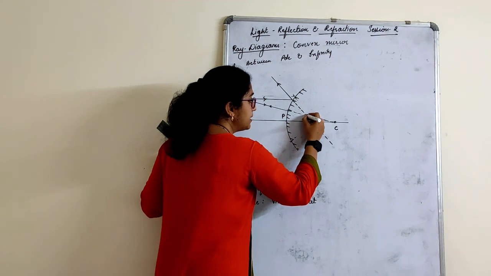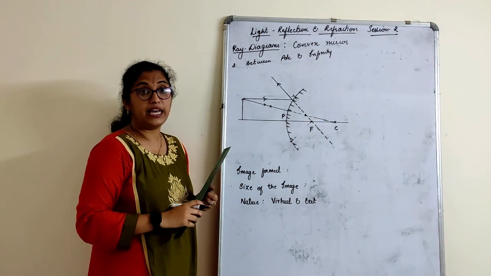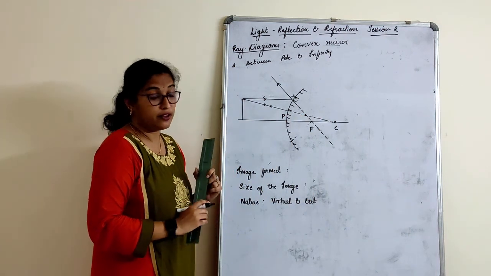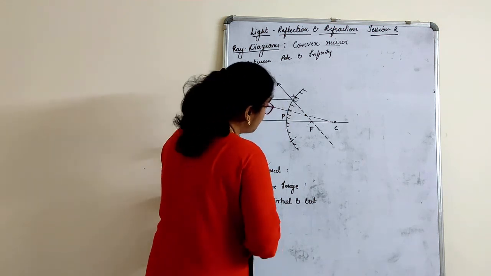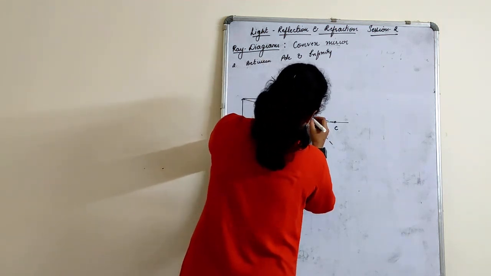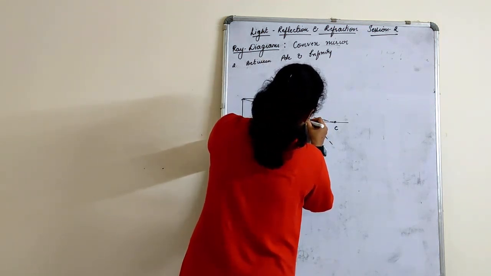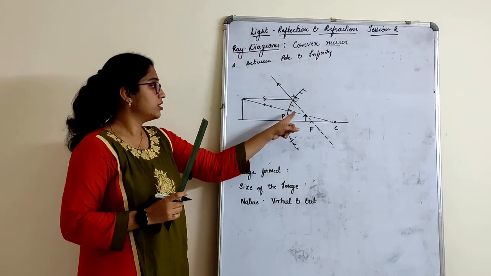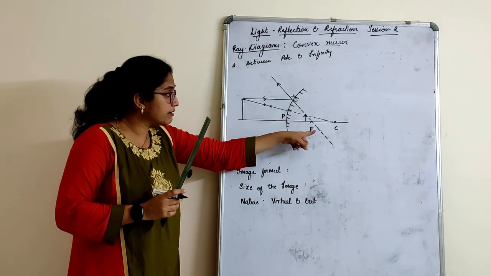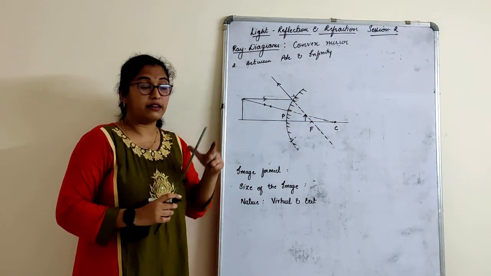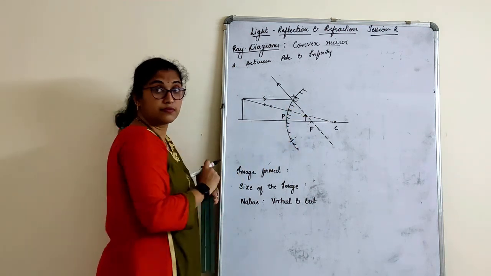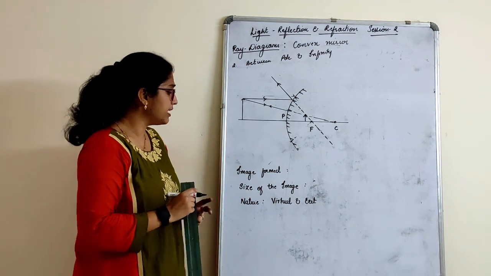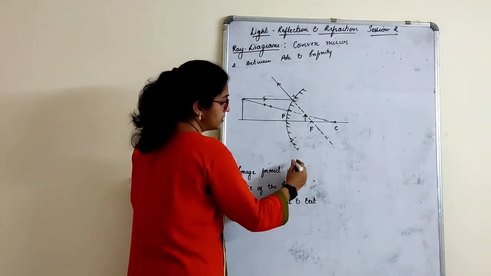Now, what has happened? This is the point where the image is formed. So, the image is formed. I'll draw it here. This is the point of intersection of the line which cuts at F and the curvature point here. Done? Now you tell me, where is the image formed?